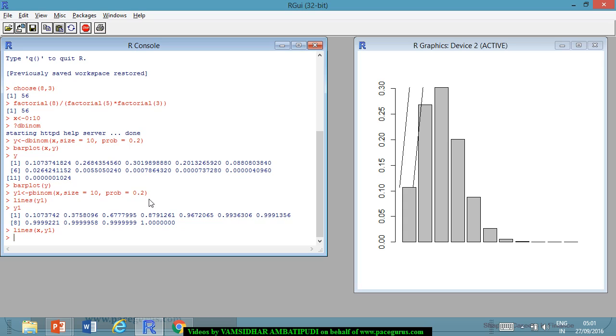Okay, because we need to set the axis right, but otherwise what you could see is for different values of, let me just take plot x comma y.